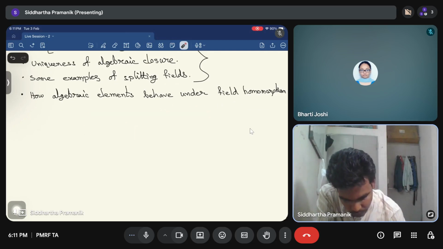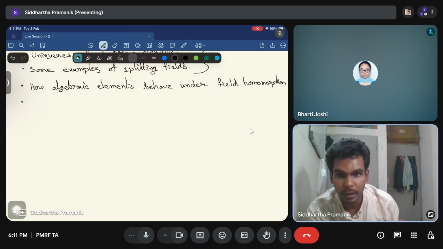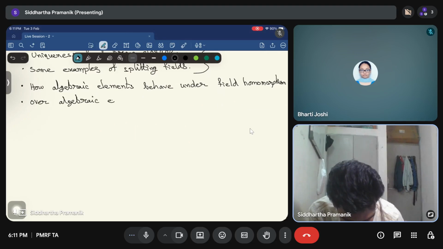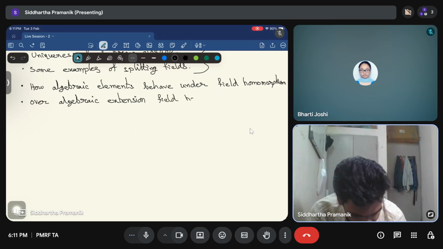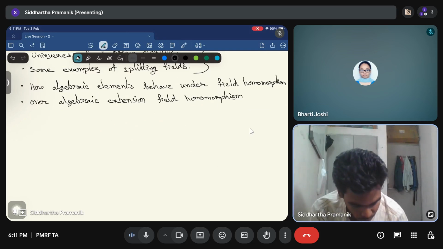Next, we have seen that over algebraic extensions, if you take a field homomorphism of that extension, it will be an isomorphism. Field homomorphisms are always injective, but if it is algebraic, it has to be an isomorphism.